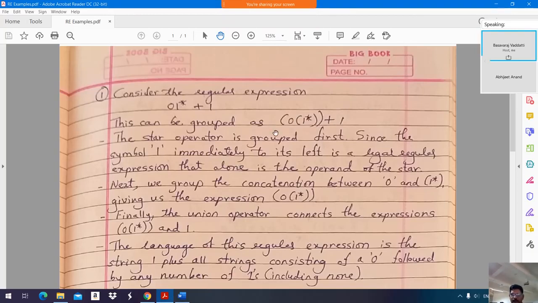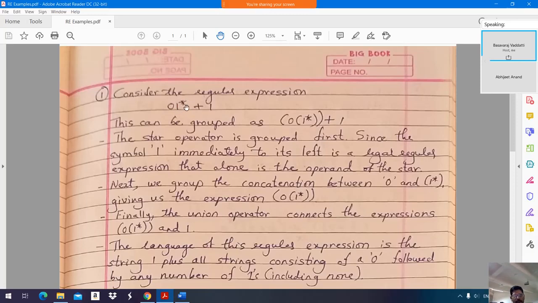Yes, as you can observe from the regular expression, it has two sub-expressions. This is one sub-expression and this is another sub-expression. Therefore, the language consists of this one, 1, plus the first sub-expression. It is 0, after that any number of ones. First 0 is there, and that 0 is concatenated with 1 star. Star means 0 or more ones.